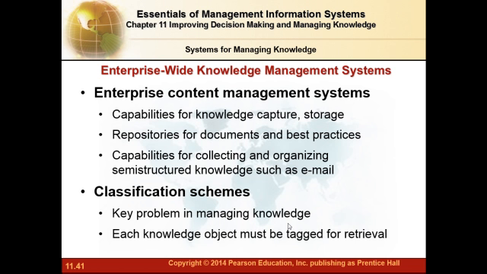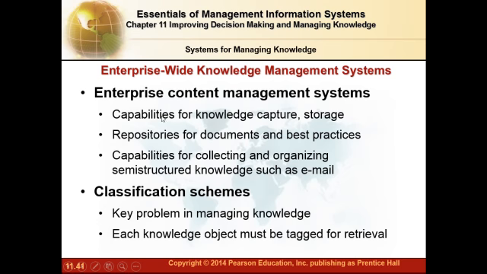Usually the company will keep documents, but for a company that wants to keep more than documents, for example photographs, graphics, images, video and audio files, they can have a digital asset management system instead of an enterprise content management system.